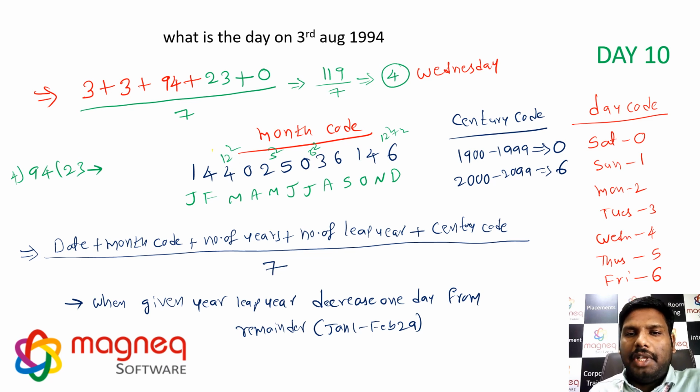And the formula: date plus month code plus number of years starting from the 19th century plus number of leap years, 94 by 4 we take the coefficient 23, plus 0, by 7.